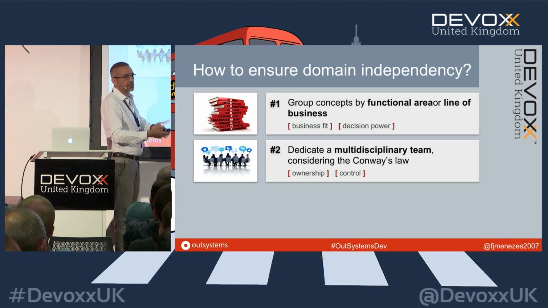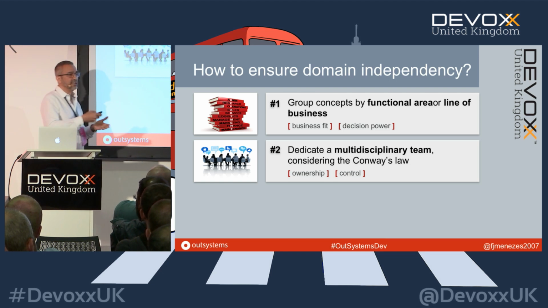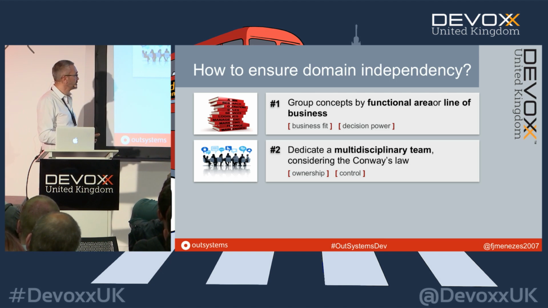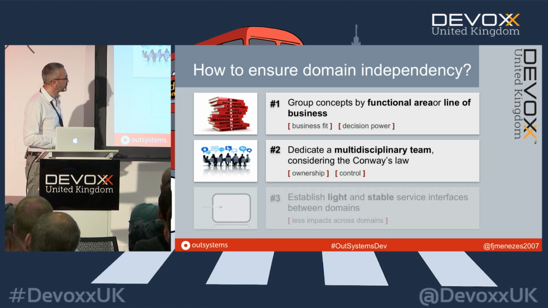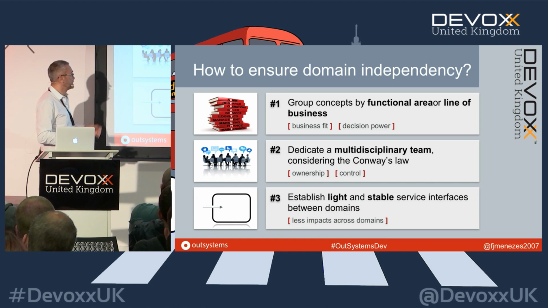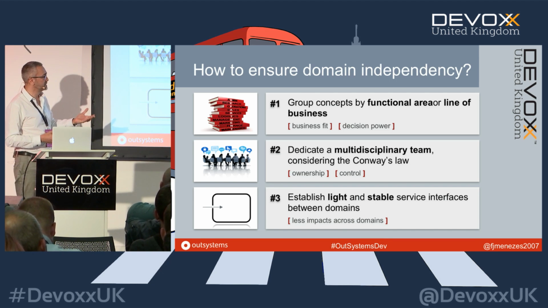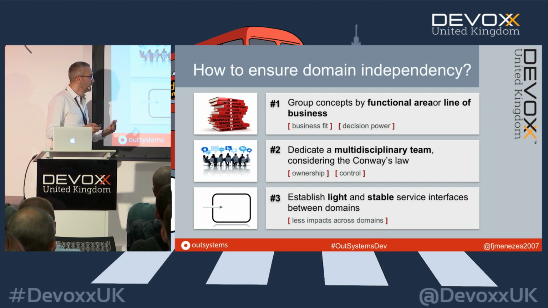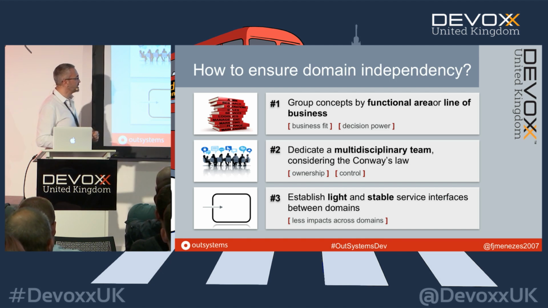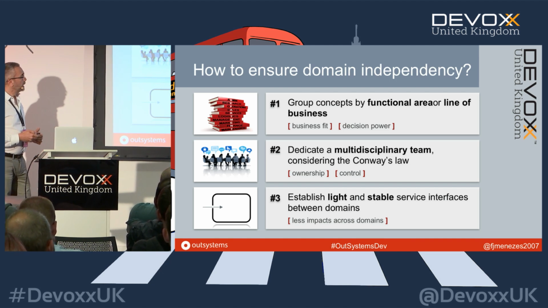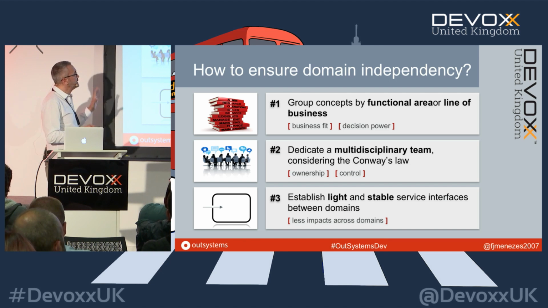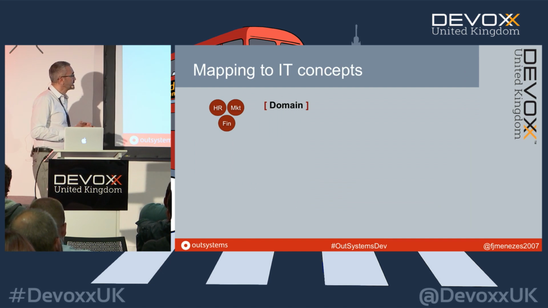And you can actually promote a continuous delivery pipeline in an efficient way. And this also promotes ownership and control. Finally, and that's the obvious one, you need to establish light and very stable service interfaces between domains to decrease impacts across domains.